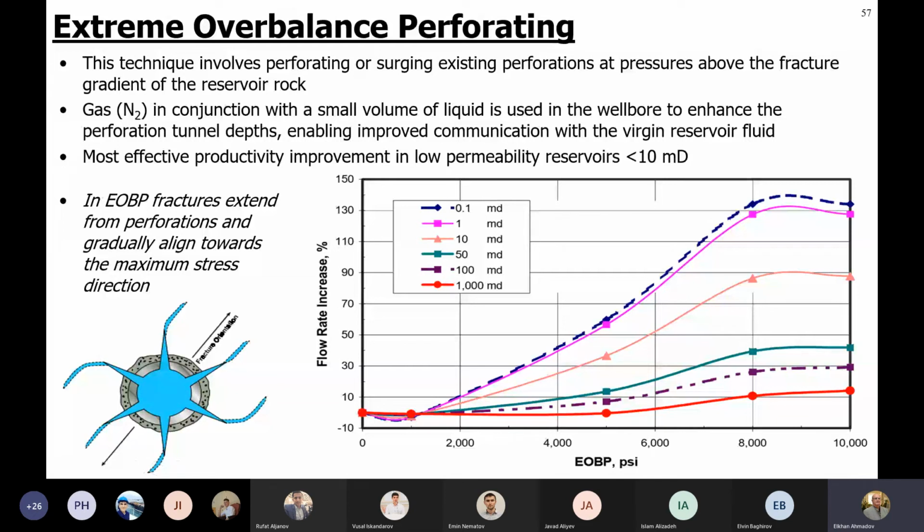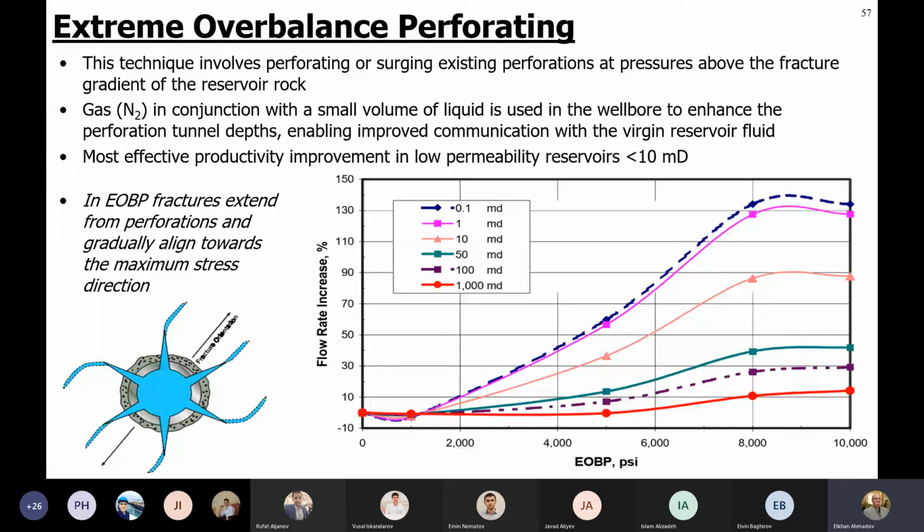In this chart, you can see the effect of the extreme overbalance perforating on different reservoir conditions, particularly on permeability.